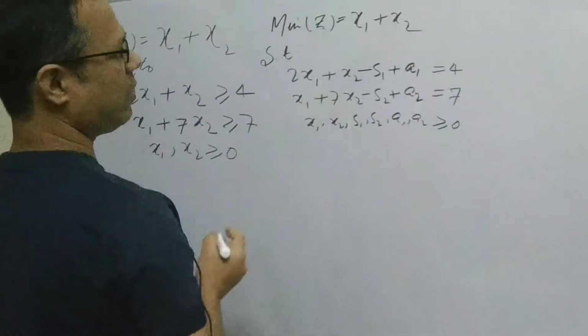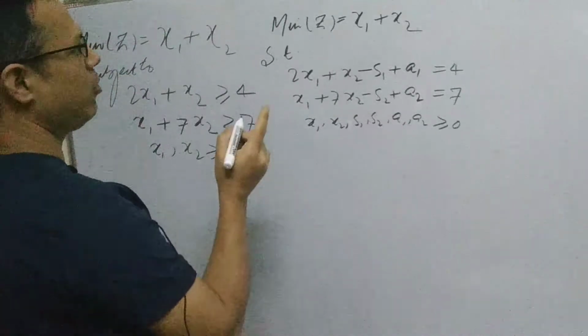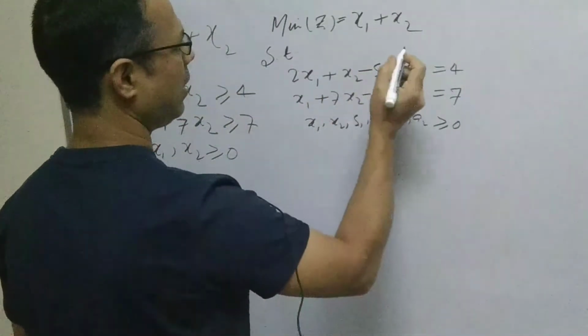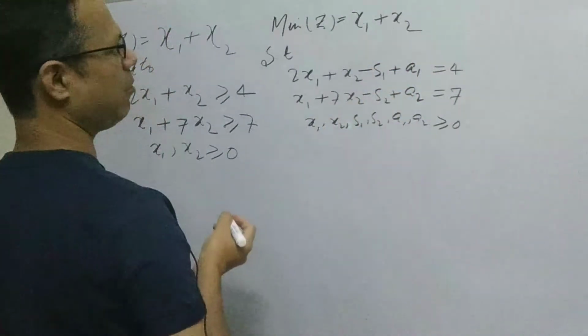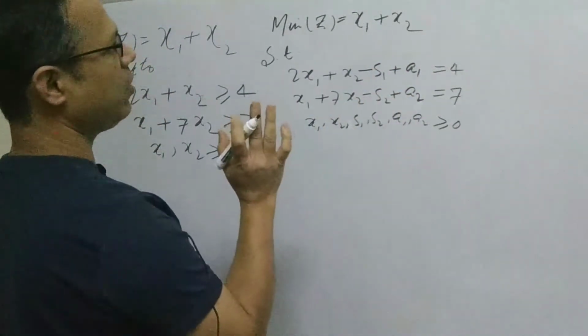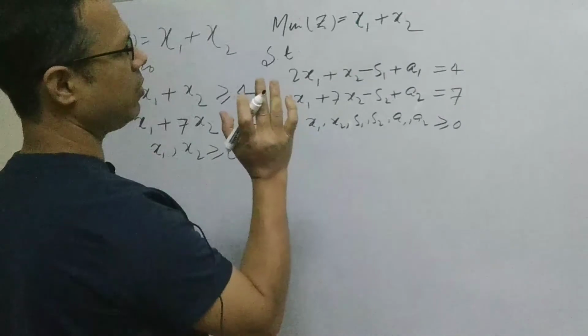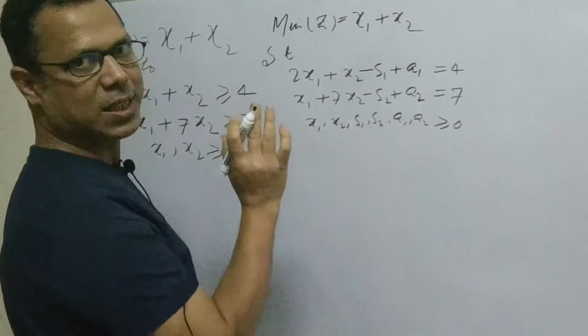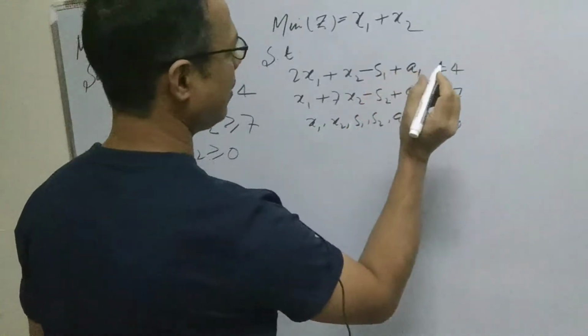The same procedure that I have seen in the big M method, which is also a simplex method, I am going to apply here to solve the problem by the two-phase method. Where we need to make the changes in the big M method to convert it into the two-phase method, just concentrate and try to understand. It's a very easy method.